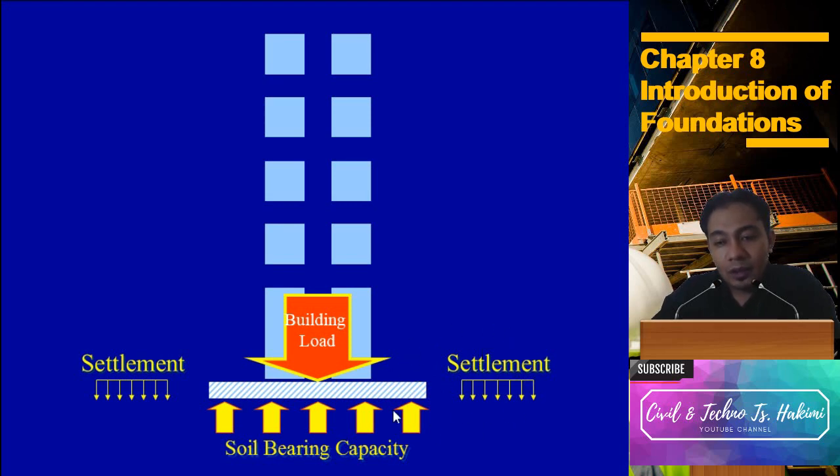We cannot avoid settlement, but we can control the settlement value by comparing it with the allowable value of settlement, which is 25 mm. So we need to design the foundation and make sure the settlement does not exceed 25 mm.